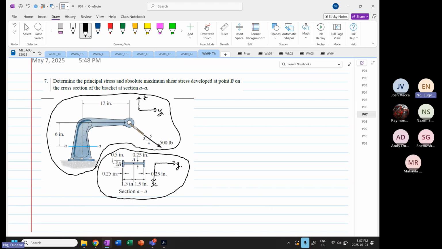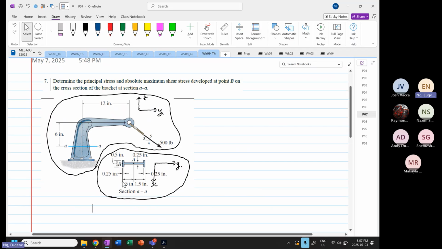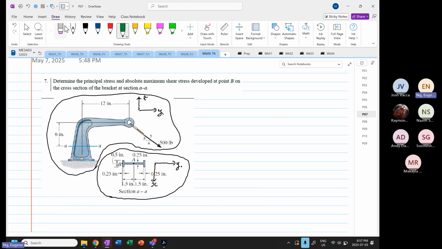So the centroid of interest, point A, is where the plane is. You draw a green line, this is the centroid. And we know there are two forces or two moments we have.